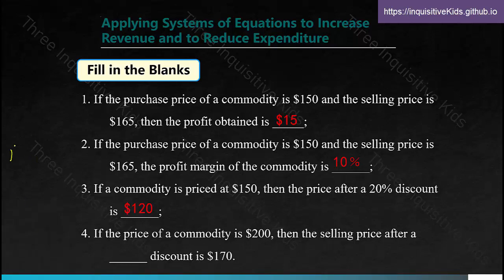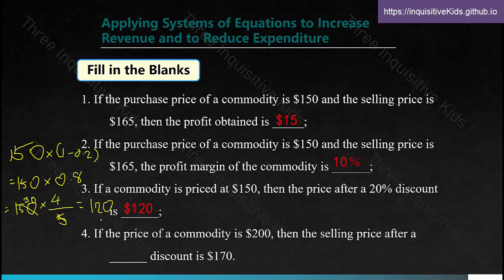So you have $150, and you want to multiply that by, let's say, 1 minus 20%, which is really equal to 150 times 80%. And then you have 150, I like to use fractions, times 4/5, cancel out, and then you have 120. So this is the solution. Wow, we got $120.